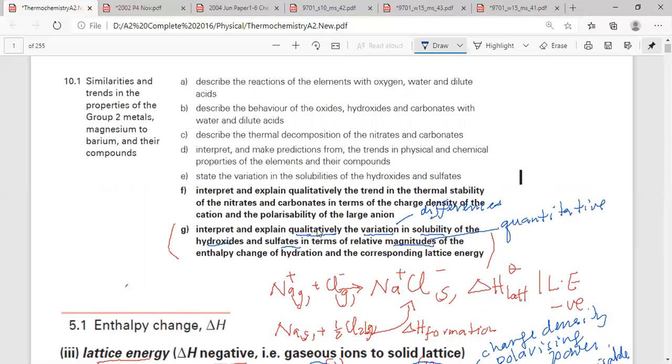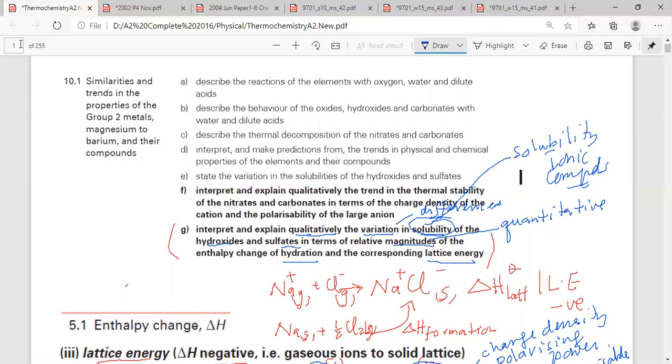Qualitatively means in terms of why. So this is the enthalpy change of hydration and the corresponding lattice energy. What controls solubility? Remember, here it is for ionic compounds. What are the energy terms we're going to use?